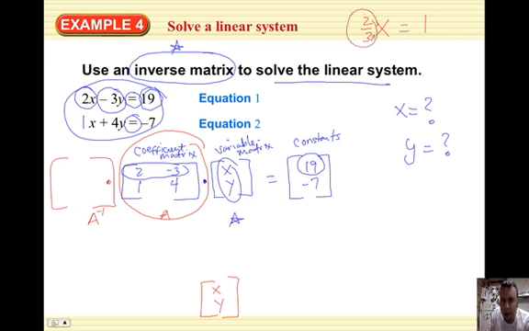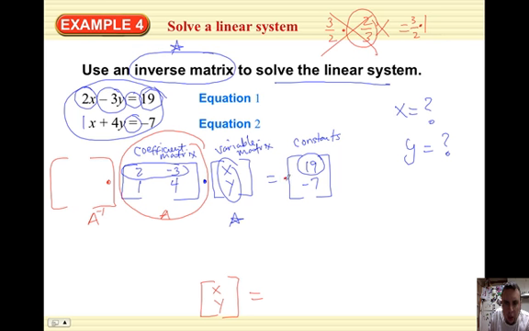How do I get rid of that? Find the inverse of that, which is 3/2, and I multiply it on both sides. Same thing here. I'm going to find the inverse of this and multiply it here, and it goes away, just like I multiplied here and these go away. You're left with xy equal to whatever this is.